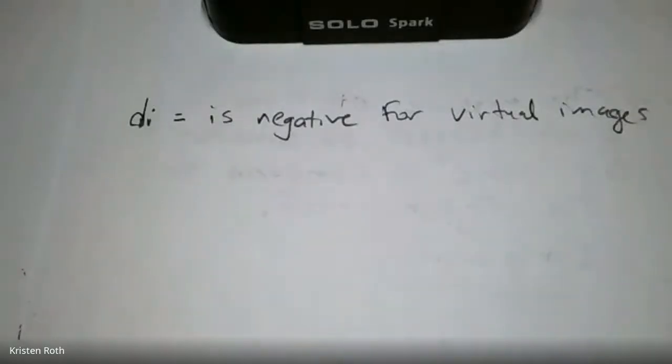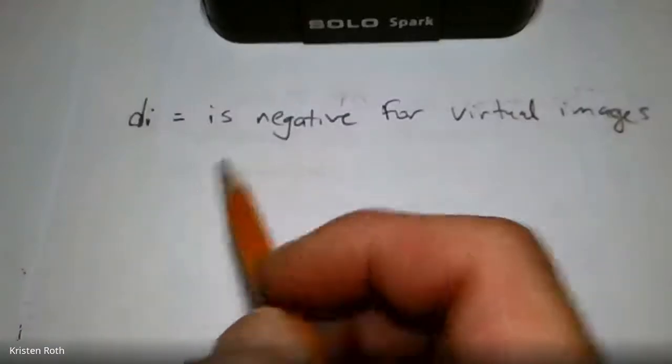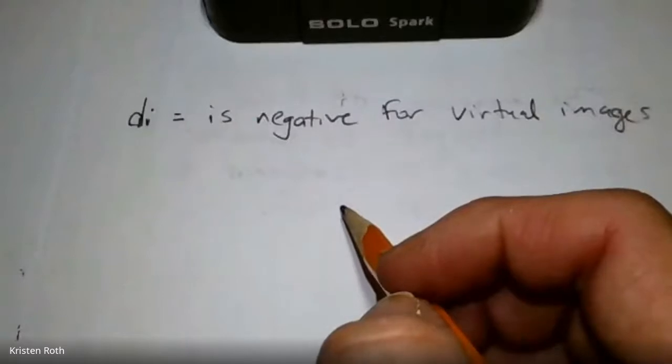You'll practice this a lot, and we'll take a bunch of them up tomorrow because I'm assigning a bunch today. But if it's a virtual image, then you have to put the number in as a negative.